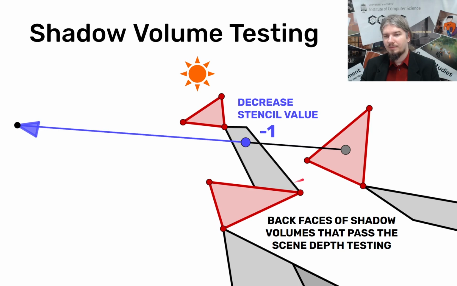The back faces where the scene depth test would fail would be behind the scene geometry, which we wouldn't see anyway. So only those that pass the scene depth are relevant, and currently we're rendering the back faces, and for those coordinates we decrease the stencil value by 1.